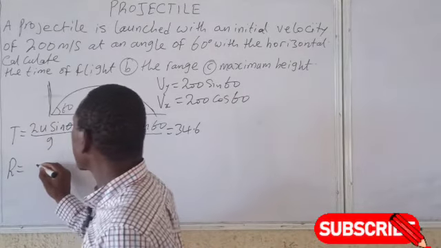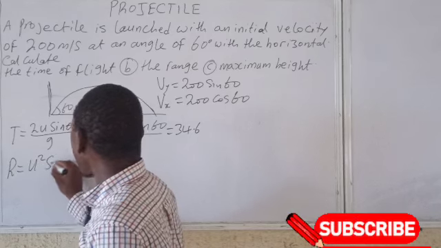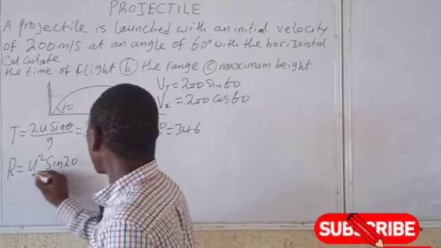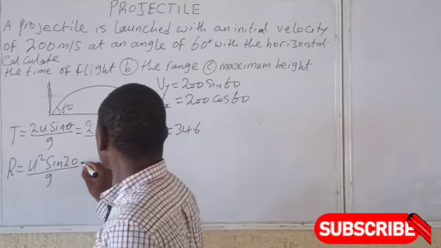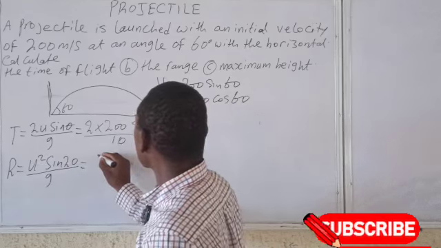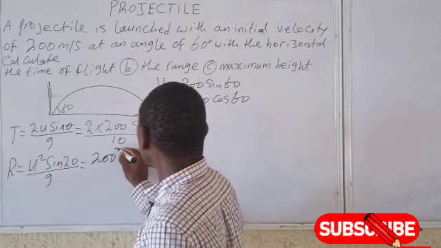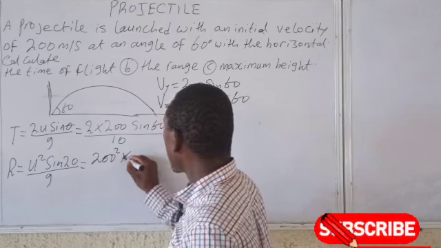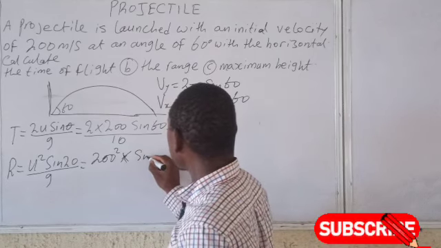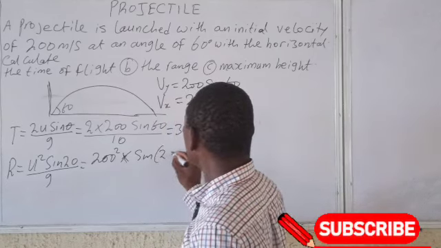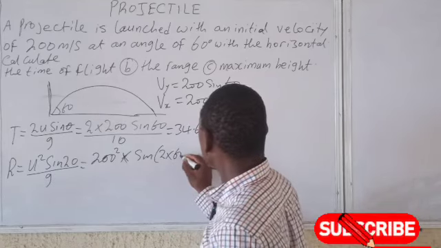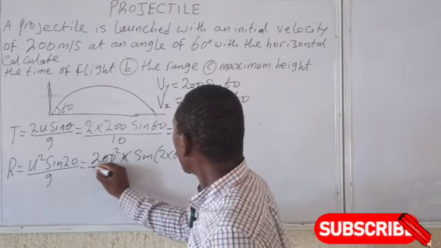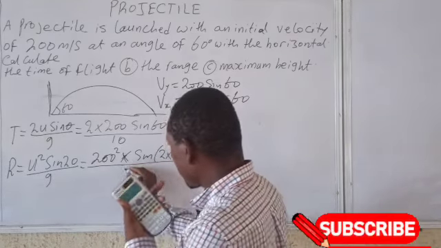Range is equal to u square sine 2 theta all over g. So, which is 200 square times sine bracket 2 times 60 all over 10.